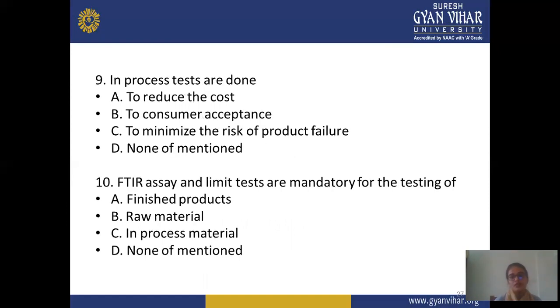And ninth question: in-process tests are done to reduce the cost, for consumer acceptance, to minimize the risk of product failure, and D is none of the mentioned. Tenth question: FTIR, assay and limit test are mandatory for the testing of finished product, raw material, in-process material, none of the mentioned. All these are the questions regarding stability study on this particular topic.